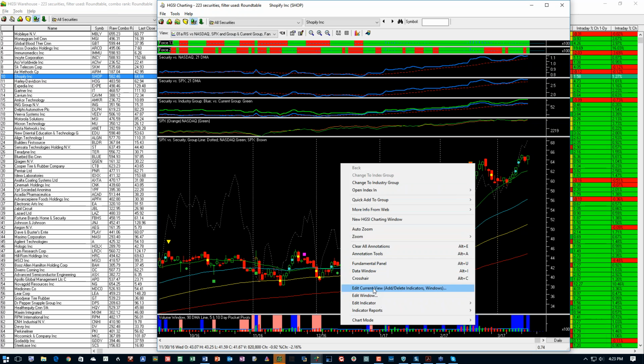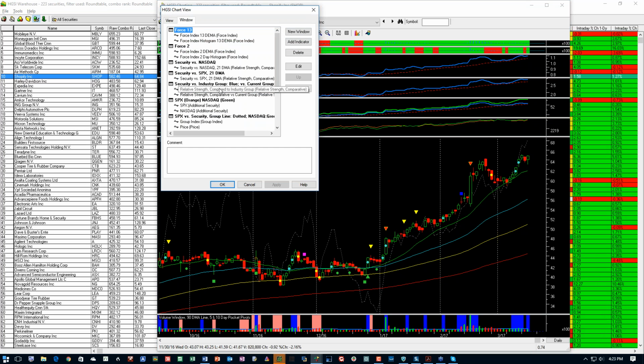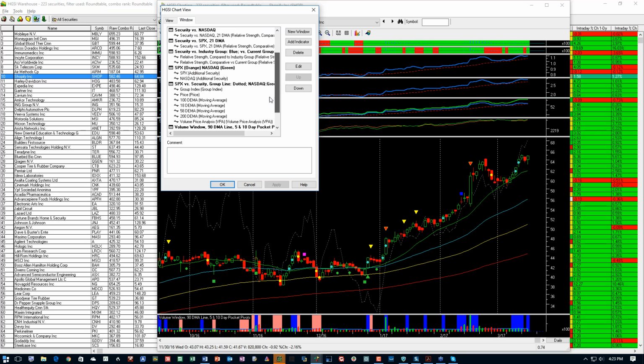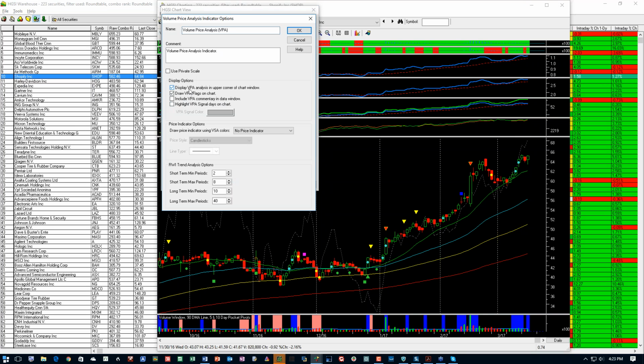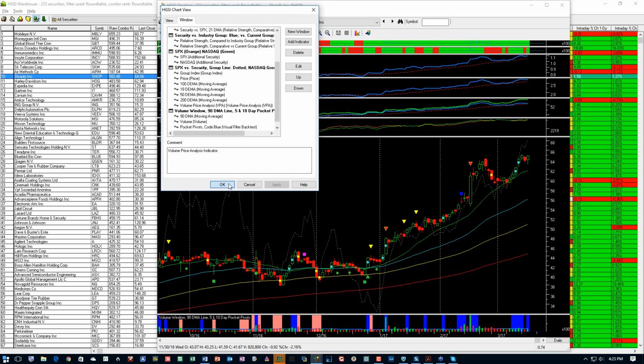You just edit the current view and you find the price window and you locate the volume price analysis. Double click on that and select display VPA analysis in the upper corner of the chart window.